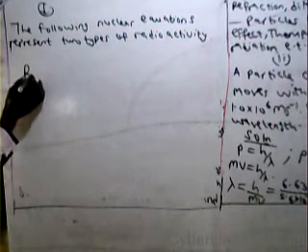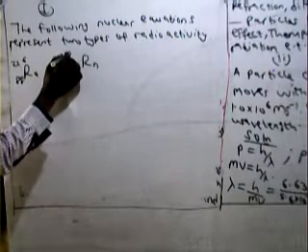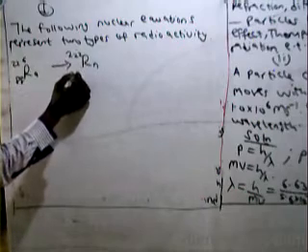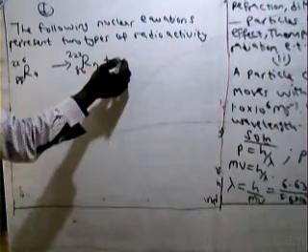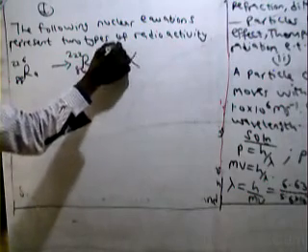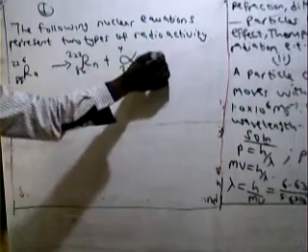The first equation is radium 226, 88, giving us radon 222, 86, plus alpha particle, 4, 2, plus energy.